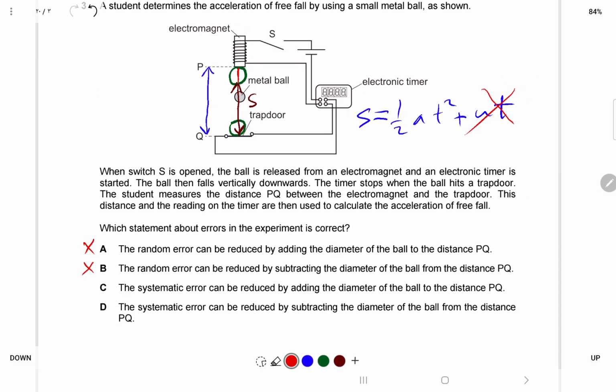Now clearly adding diameter to distance will not give you the distance S. The distance S is equal to the distance PQ minus the diameter, and this is from the diagram, which means option D is the correct answer. Systematic error can be reduced by subtracting the diameter of the ball from the distance PQ.